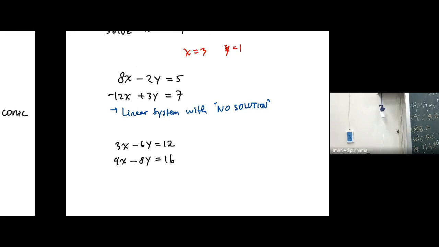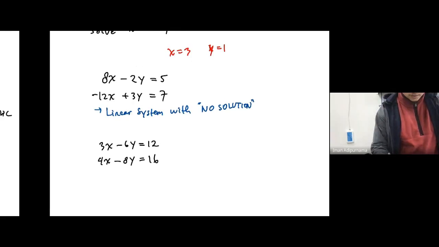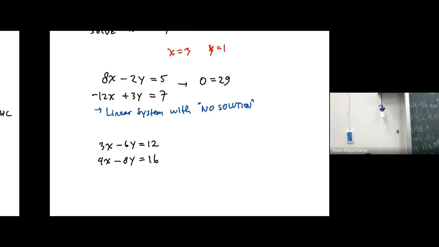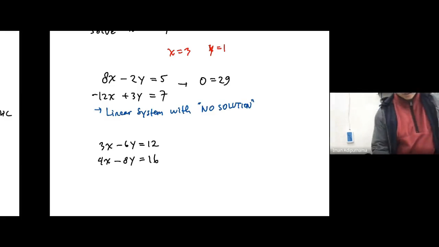In the previous case, you had 0 equal to 29, right? And what will happen here? If you graph those, I think they're parallel. If you graph these two, yes, they're parallel. So the conclusion is that the previous one has no solution. Now, infinitely many solutions. You can have many solutions. So we can write here a linear system.